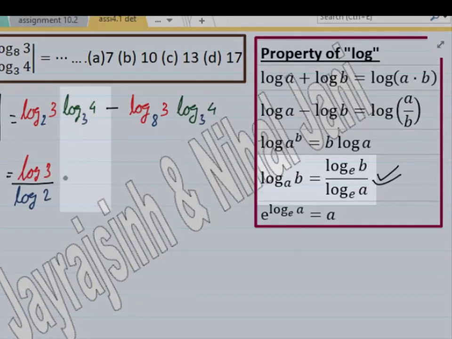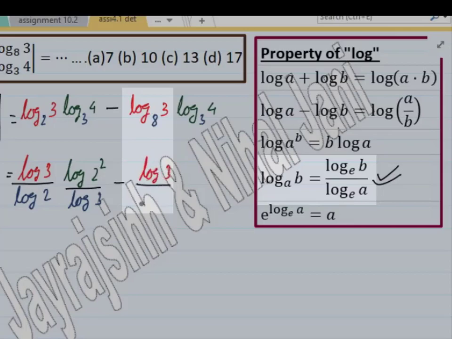Similarly, the second term can be rewritten as log 4, or we can say log 2 square, upon log 3, minus log 3 base 8 is actually log 3 upon log 8, or we can say log 2 cube, right? Okay. And similarly, the last term will be log 4, or we can say log 2 square, upon log 3.